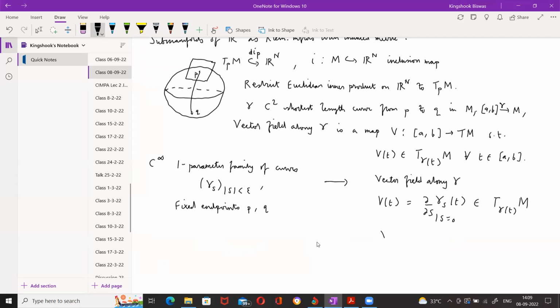So then you get vector fields along gamma which vanish at A and B, right?